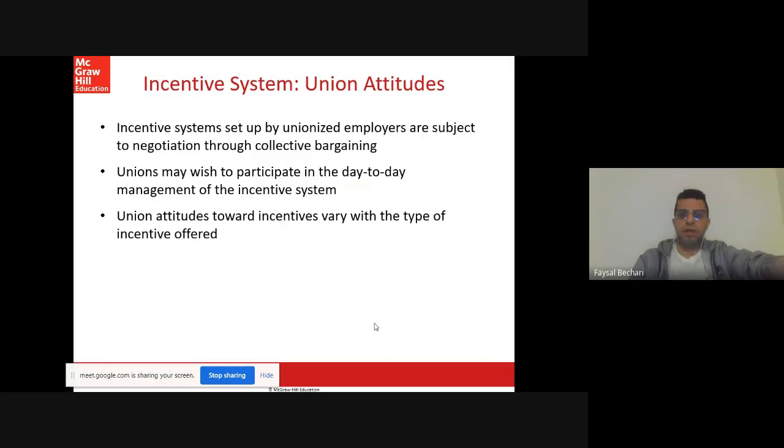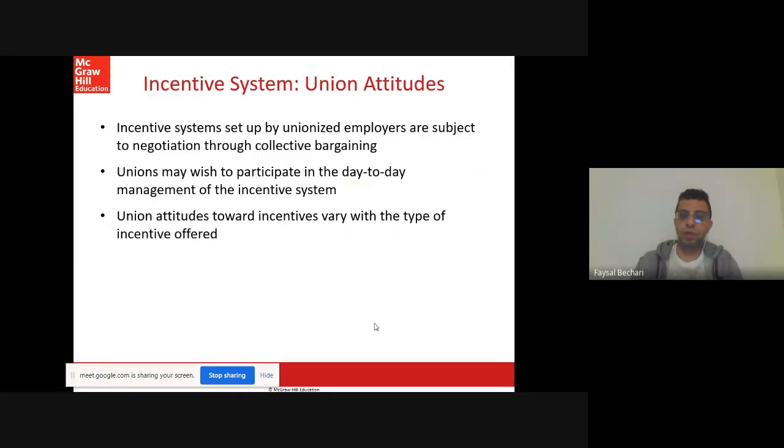Incentive system. Now you have a union attitude. Incentive systems set up by unionized employers are subject to negotiation through collective bargaining. So the union usually represents the employees and they bargain with the employers to get better salaries, and it is subject to negotiation.